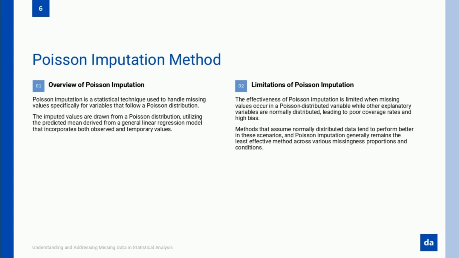Poisson imputation is notoriously unreliable when the missing values don't follow a Poisson distribution. If you apply this method where it doesn't belong, your data becomes as fake as an alibi in a murder case. The missing values are influenced by other variables that aren't accounted for in the model. Imagine poisoning someone but forgetting they always drink from their friend's glass instead.